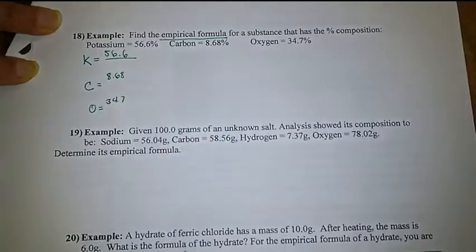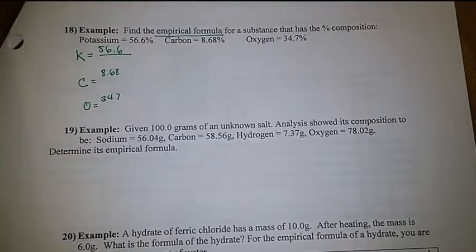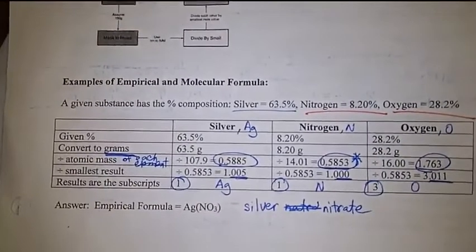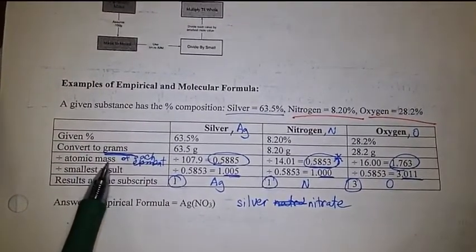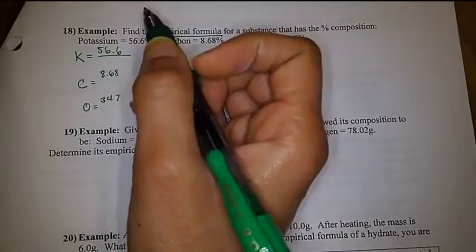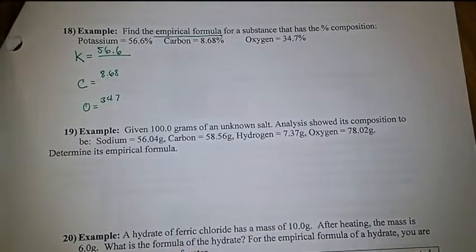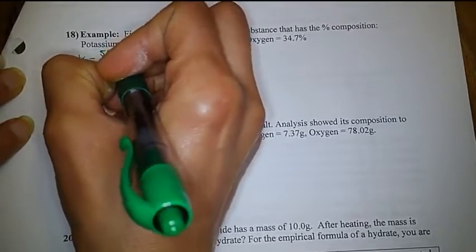The next step, remember, and we're just simply following this chart that you looked at over here, is we're going to divide by the atomic mass of each element. You are going to be using your periodic table to find the atomic mass. In this case for potassium, when you look at your periodic table, it comes out 39.01.